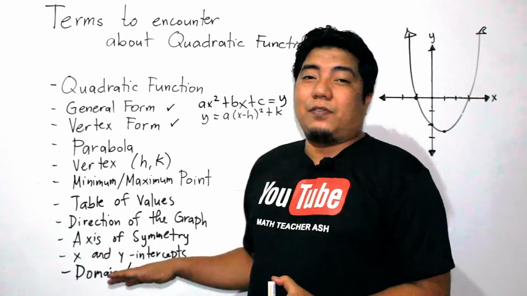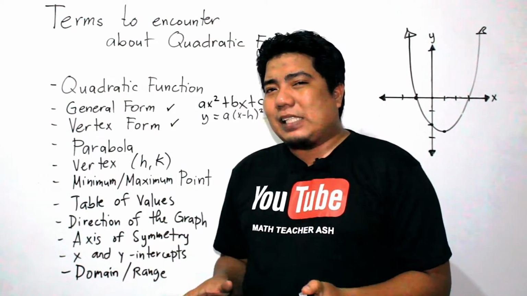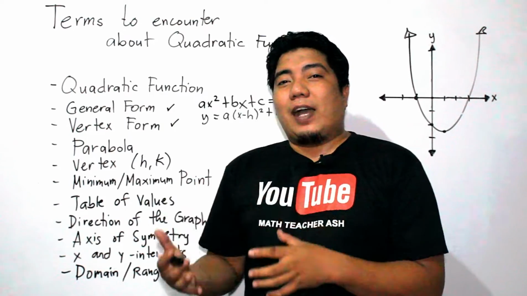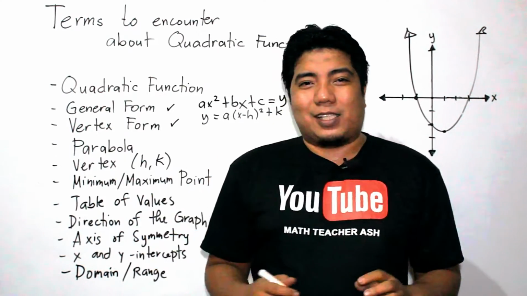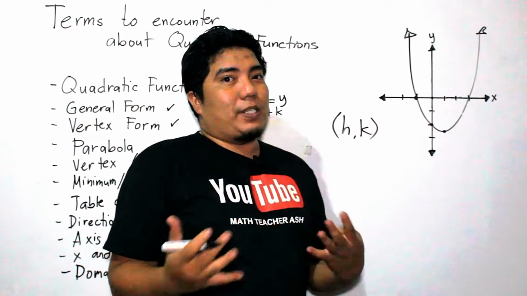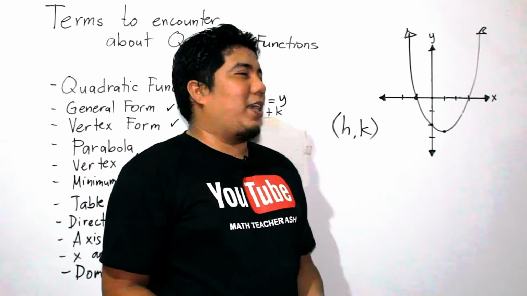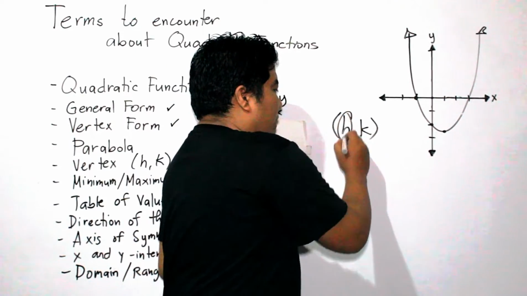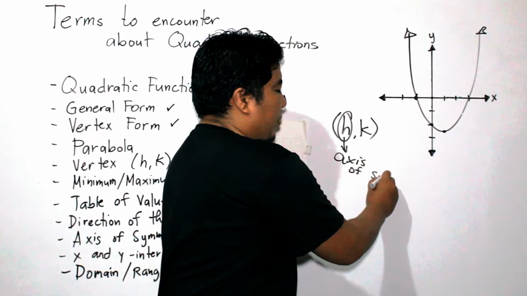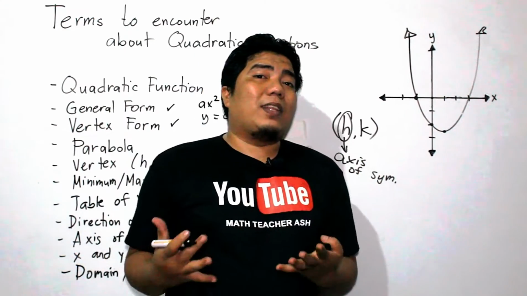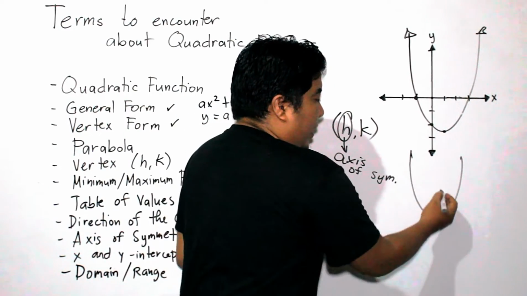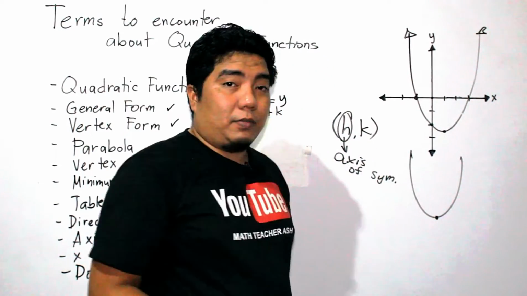Now let us talk about our third to the last term. This is the axis of symmetry. Now, what is the axis of symmetry? Axis of symmetry is basically the value of your h in your vertex. Now, remember earlier that our vertex is represented by h and k, right? Okay. So, this value is also known as your axis of symmetry. Now, what does this mean? If you have a parabola, and this is the turning point, right?